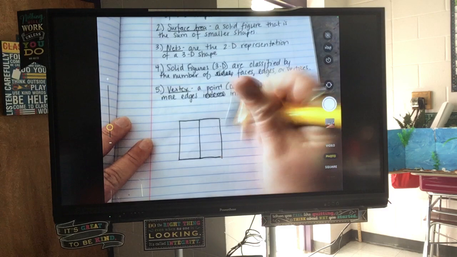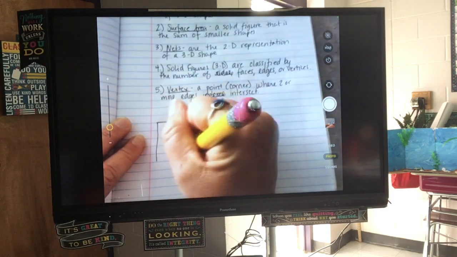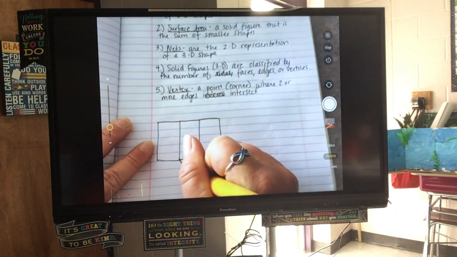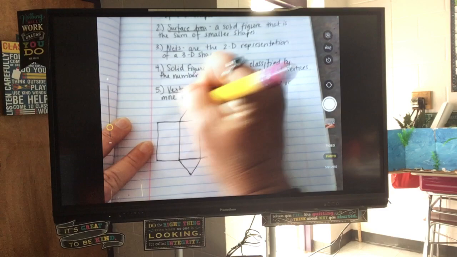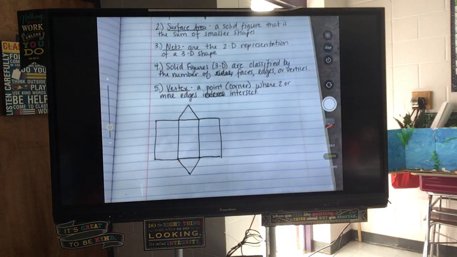Just do the best that you can, it doesn't have to be perfect. And then, I lied, you're going to need 3 colors for this one.